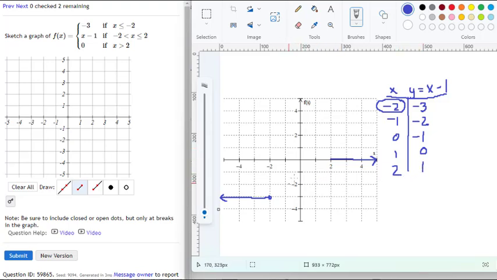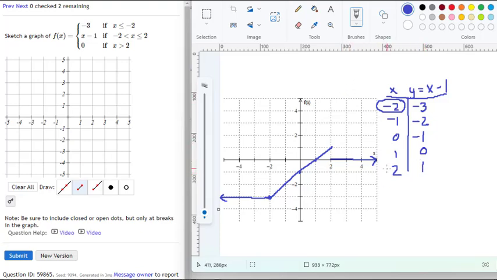So we can plot our points here. So at 2 we're at 1, 1 we're at 0, 0 we're at -1, -1 we're at -2, -2 we're at -3. Oh, look how this meets up. So this is what that middle part of our graph looks like. Now we need to get the open dot and closed dot correct.